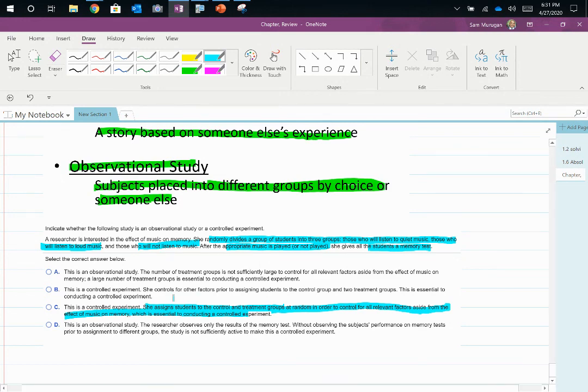So she's assigning them. So this is a controlled experiment in which the researcher is physically placing the subjects into different groups by choice.